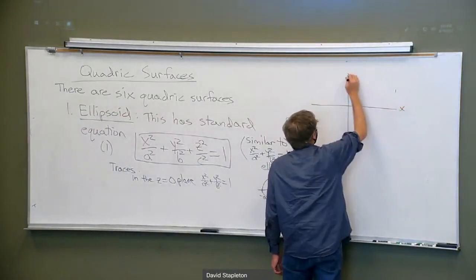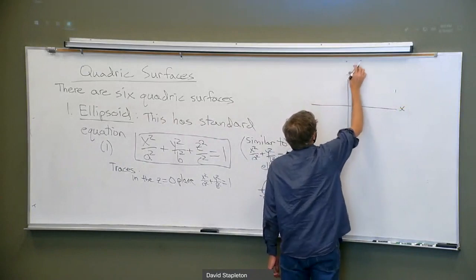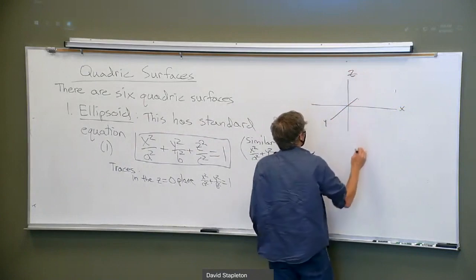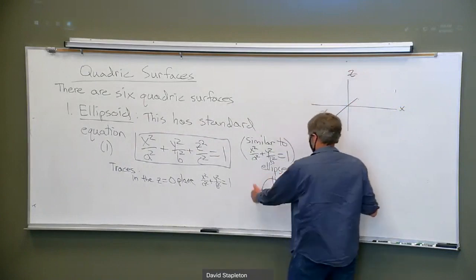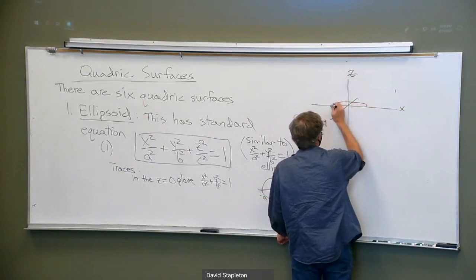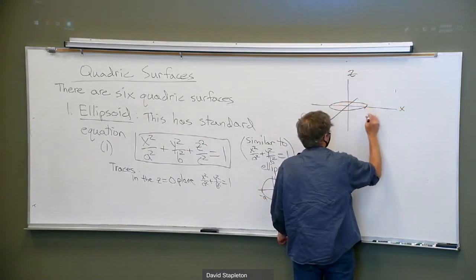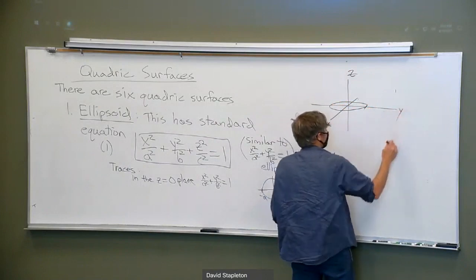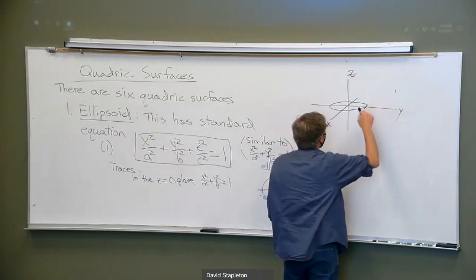There's x, y, and z. And the idea is the xy plane, we already know how to draw this from doing the conic sections. It's like this. Oops, I'm not getting this right. Let me put it in the standard right-handed configuration here. x, y, and z.